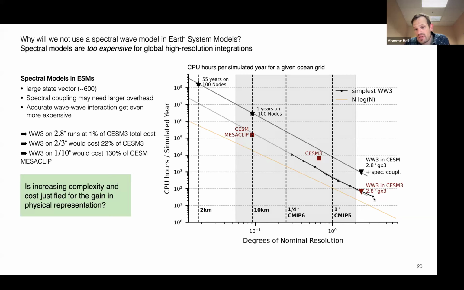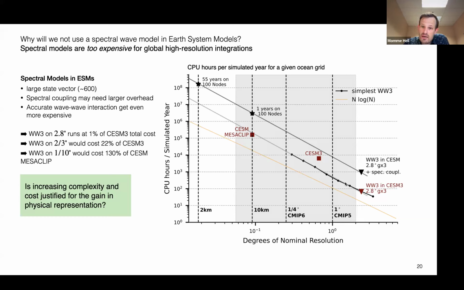And you see here, if I do simple WaveWatch tests, which is this black line, these black dots, it goes to the upper left, and that's an n log n scaling roughly. That means if I'm going from something like 1 degree to, let's say, 1/6 degree, you have to double the computational cost. So each of these horizontal lines is an order of magnitude.